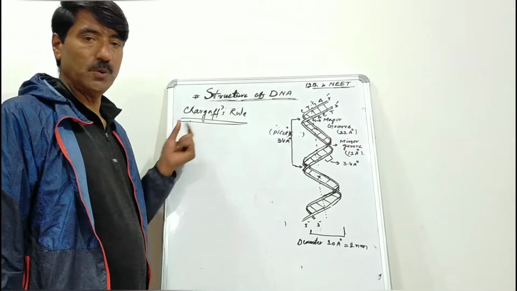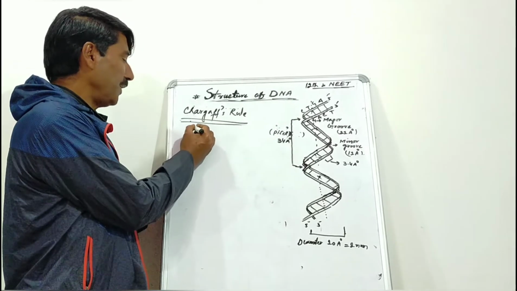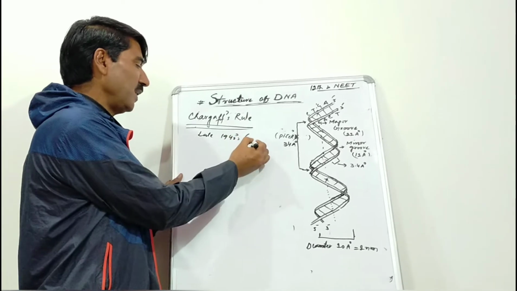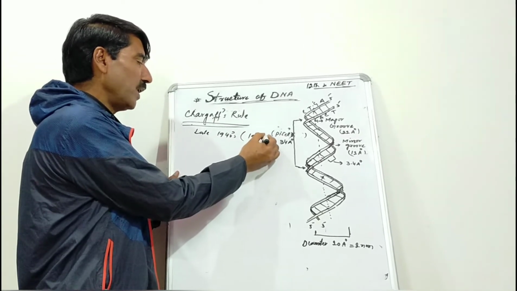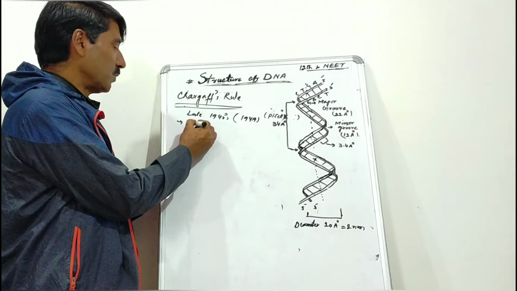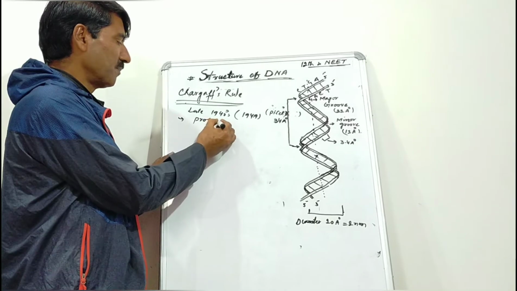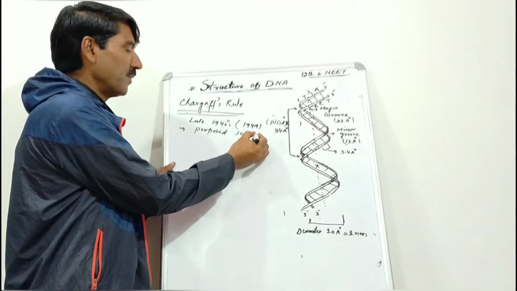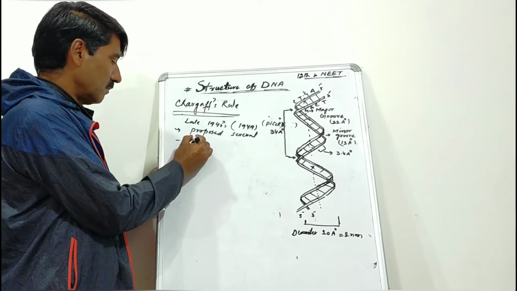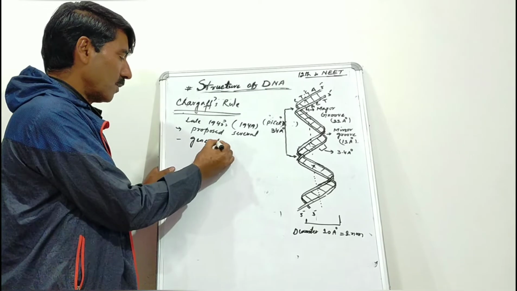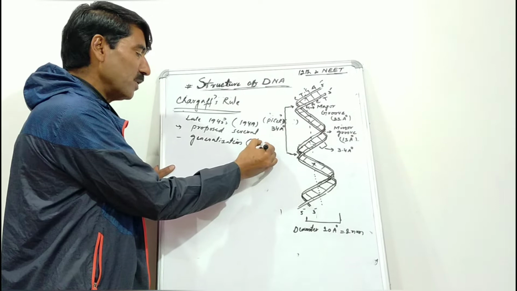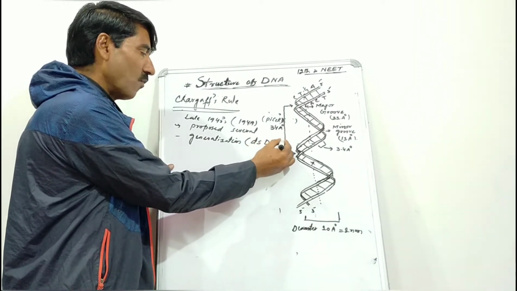Now Chargaff's rule. In the late 1940s, that is actually in June 1949, Chargaff proposed several generalizations regarding the double-stranded DNA molecule. Why double-stranded DNA?